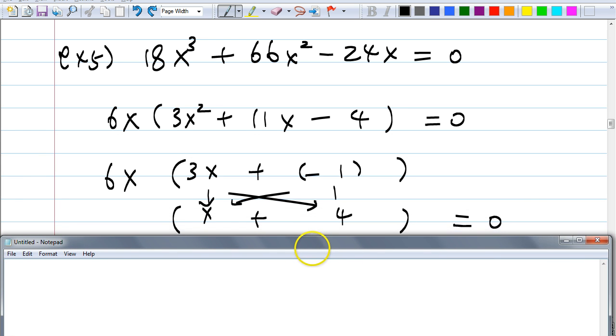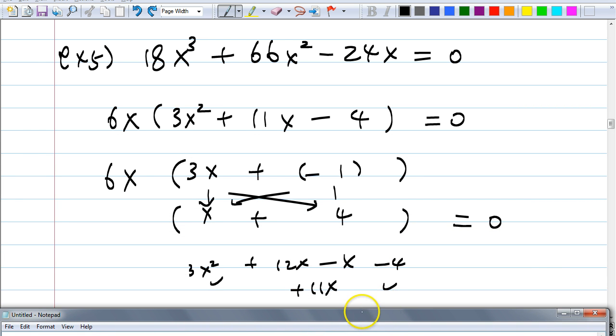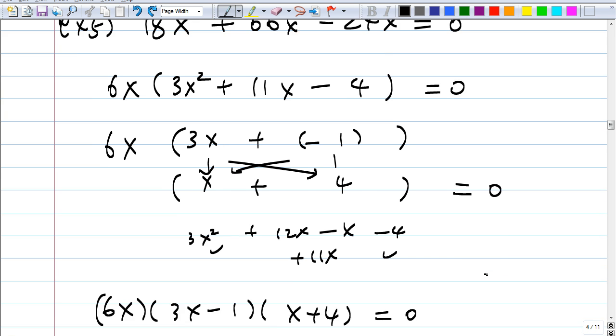Does it work, guys? Let's check. We get 3x times 4, which is 12x, plus negative x is 11x. You're right. So the whole expression on the left factors as 6x times 3x minus 1 times x plus 4. Claire, when would this be true?